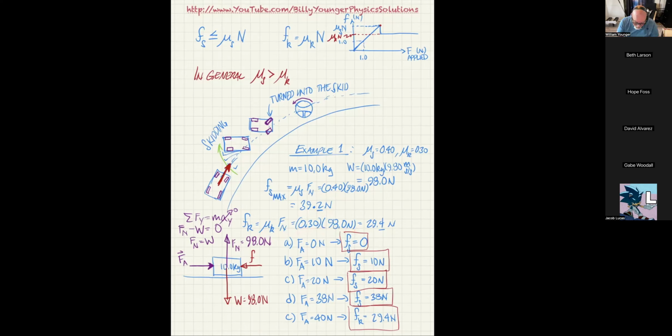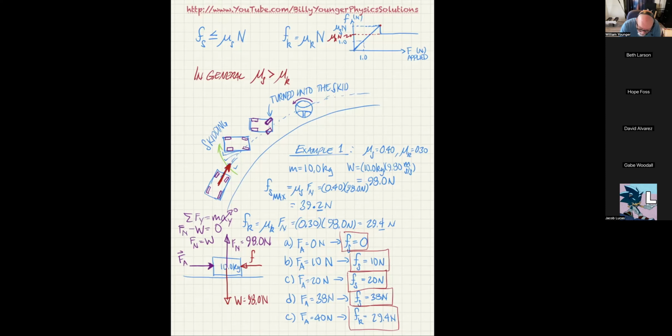So when we applied a force of 0, if I look up here, the 0 force corresponds to a 0 friction force. So I wrote the friction force will be a static friction force, and its value is 0. When I do part B, where FA is 10 newtons, the 10 newtons is still smaller than the 39.2.